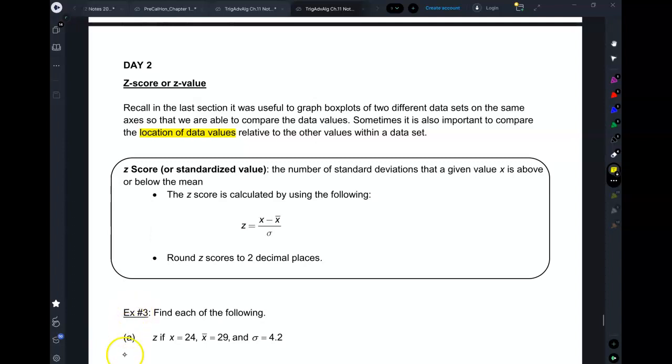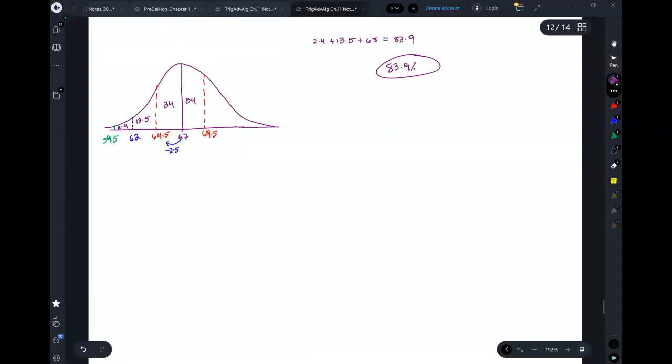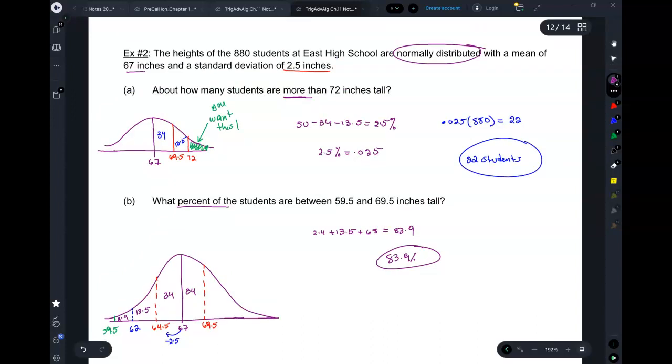When we were doing the standard deviations in the last lesson, let's take a look at what we were doing here. We had the mean right here, and then we went one standard deviation and then two standard deviations and so on.